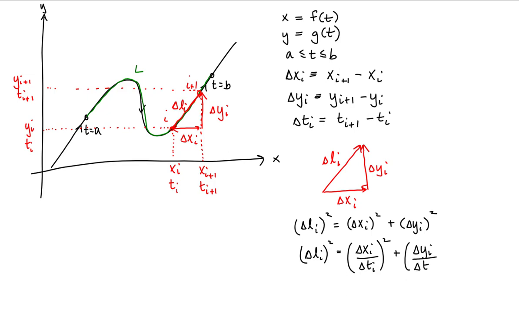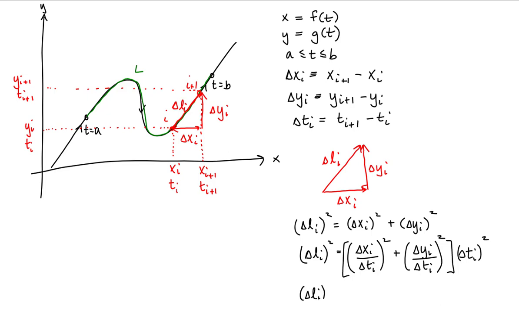However, if we're going to divide through by delta t sub i, we're going to need to factor that out from both terms. So in essence, we are multiplying by 1 with a delta t sub i squared in the numerator and a delta t sub i squared in the denominator.